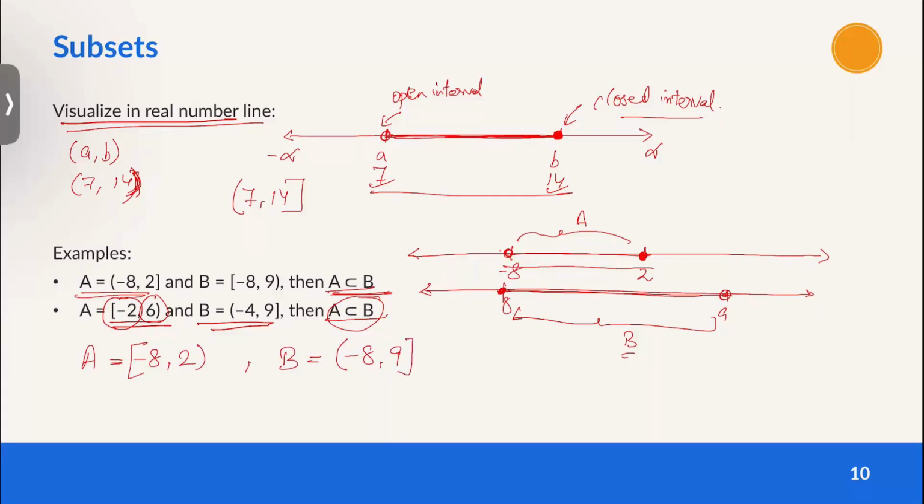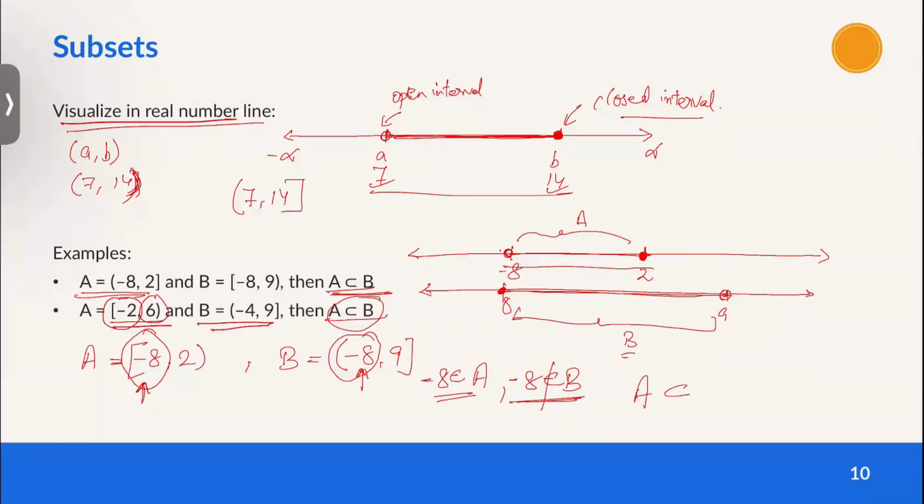So you see, in this case, minus 8 is included in A, and here minus 8 is not included in B. So minus 8 is an element of A, but minus 8 is not an element of B.